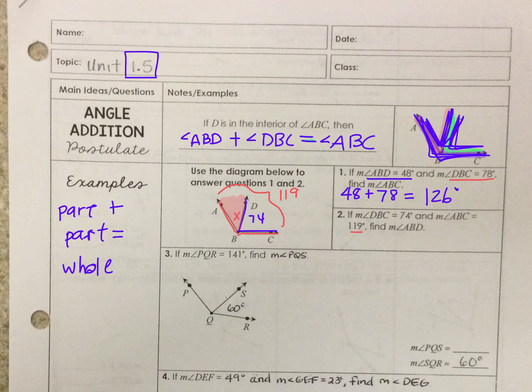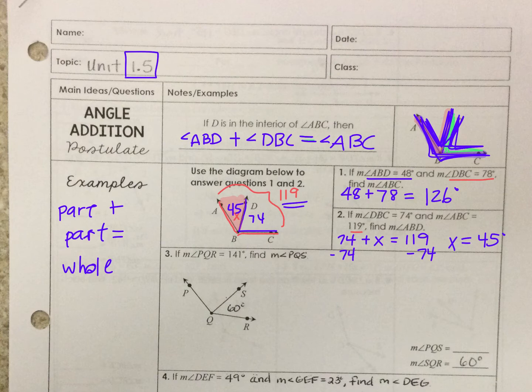I'm going to put an X in there because I don't know how much it is. Now, part. Well, I've got 74. That's one part. I've got my other part, plus an X, equals the whole thing, 119. Now all I do is subtract 74. X equals 45 degrees. So that's what that little part is.